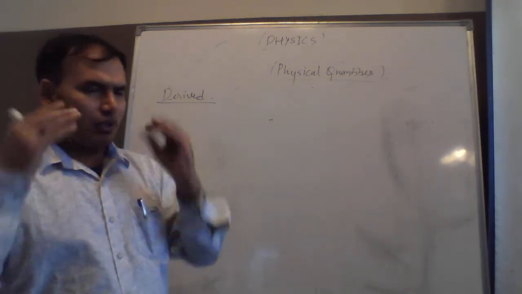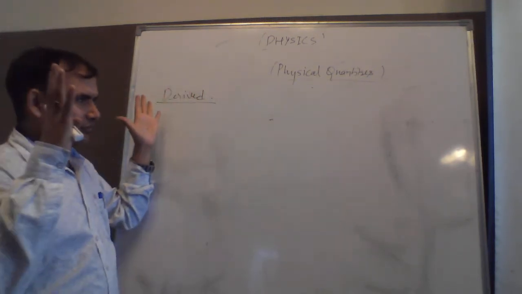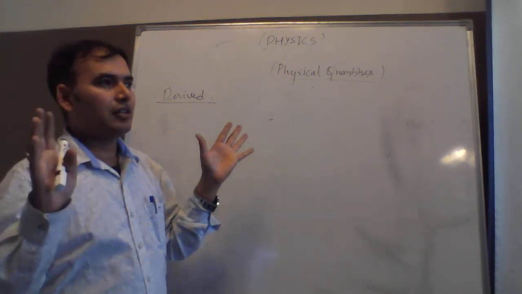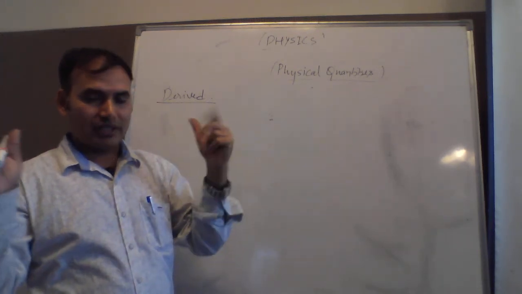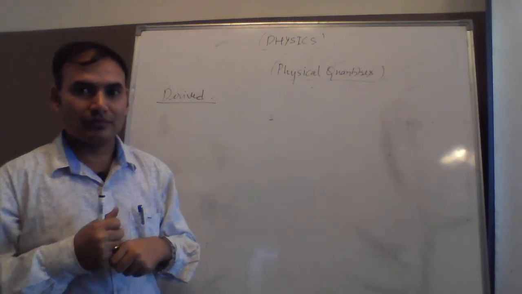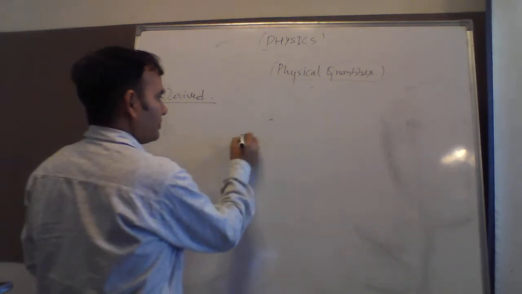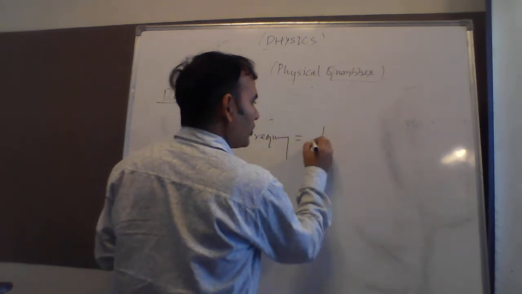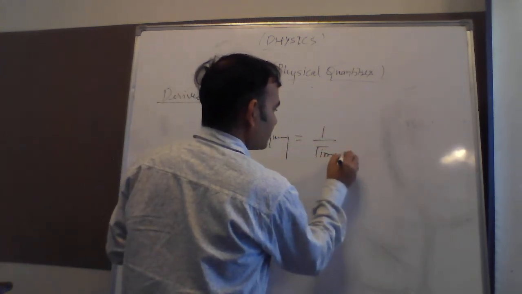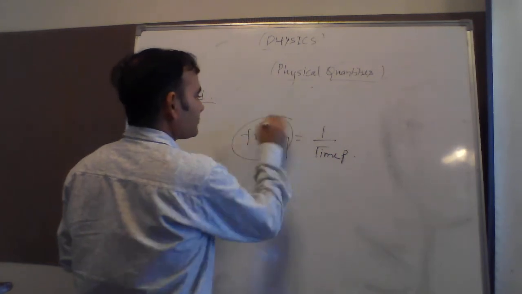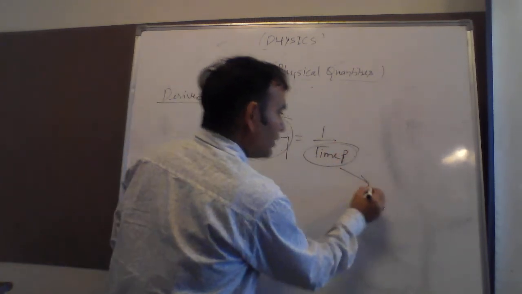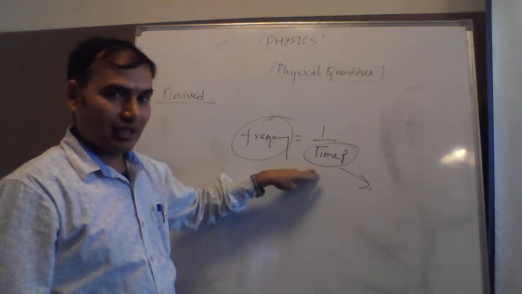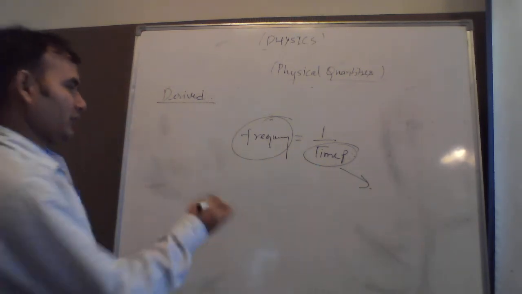So name any physical quantity randomly. Suppose frequency. Okay, frequency. It's 1 upon time period. It's derived because it needs the help of time period to represent it. Right? Any other? Velocity.